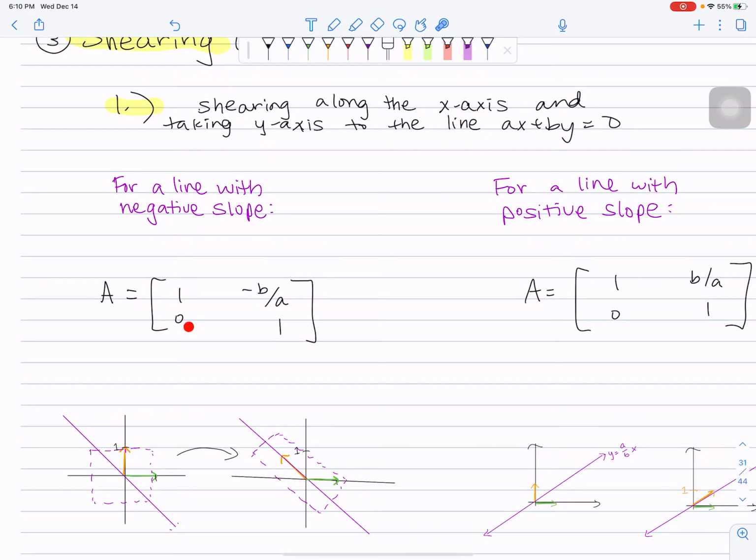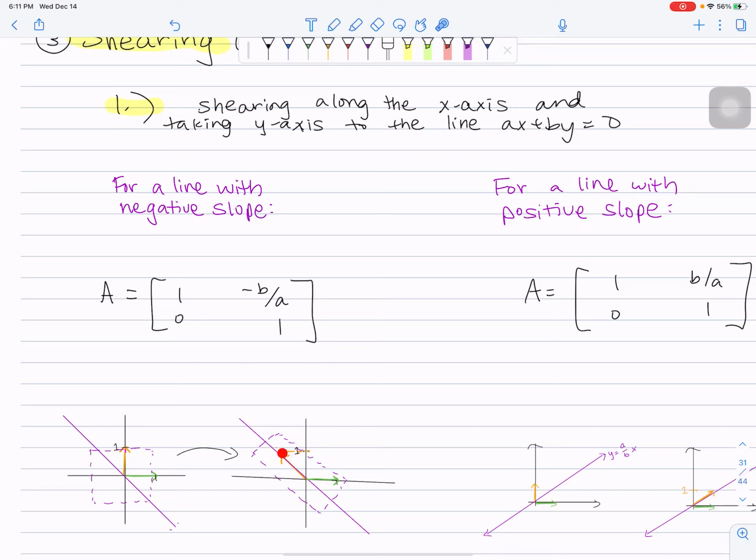The only thing I change now is the y vector. So sorry, I keep saying, did I say y a lot? Okay, j vector. This j vector, I want to move it to the purple line. So you see that it moves to the purple line. And how do I get that vector? Well, it should have a y value of 1 because it has the same y value. And then I just have to find the x value.